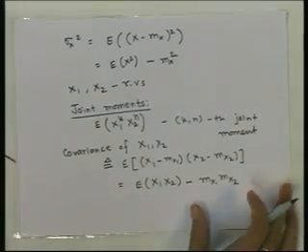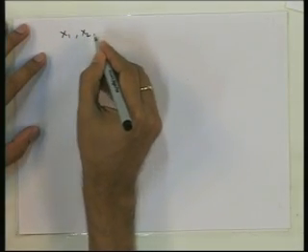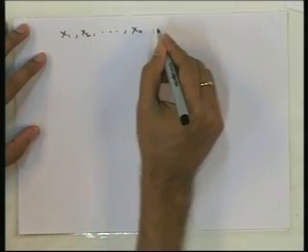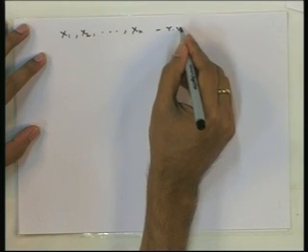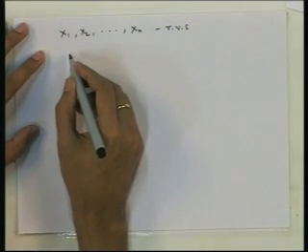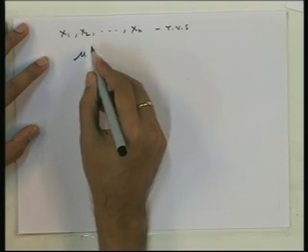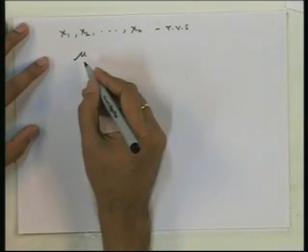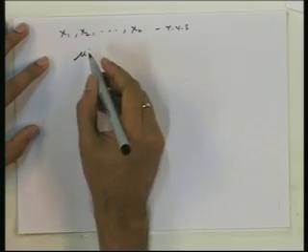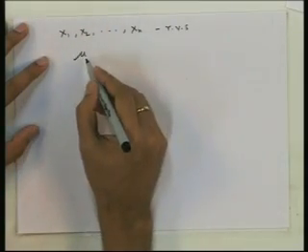And if we now have, instead of two random variables, n number of random variables, x1, x2, up to xn, then we can define n square number of covariances between any pair of these random variables.